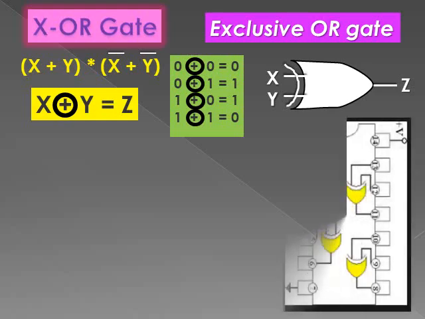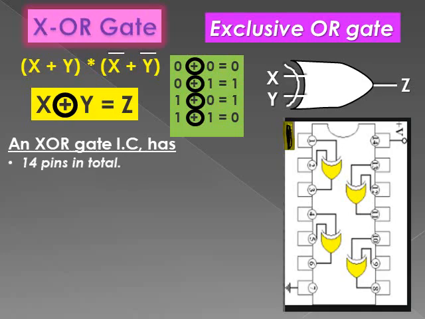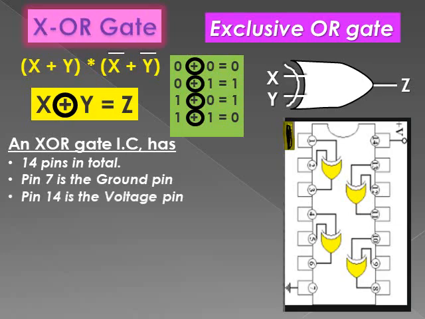Here is the presentation of the XOR gate. The integrated circuit has 14 pins, which are numbered from 1 to 14, where pin 7 is for the ground wire, and pin 14 is for the power supply wire. The rest of the pins are for the XOR gates inside.